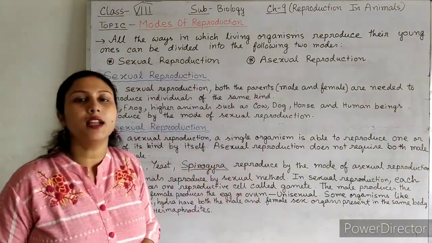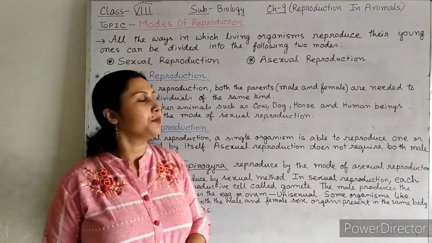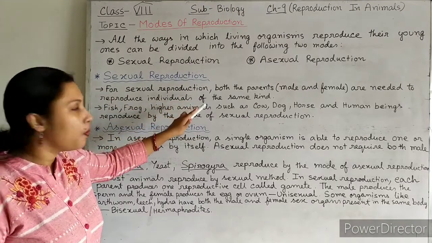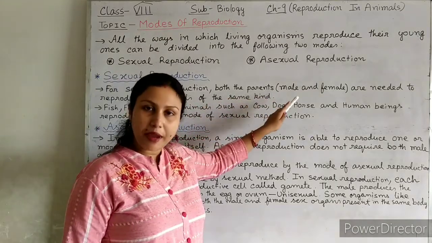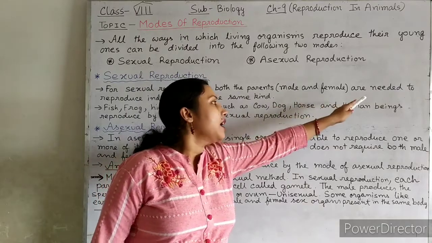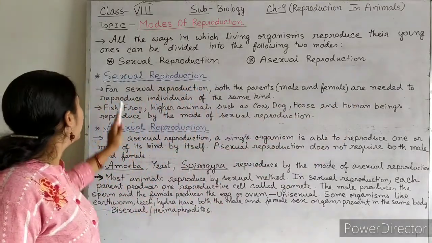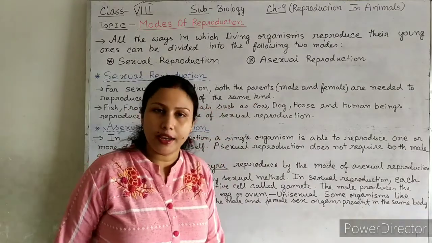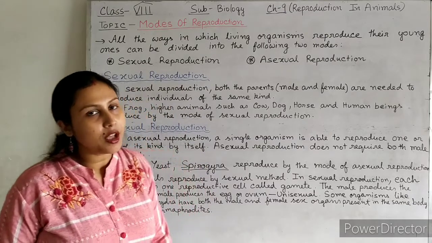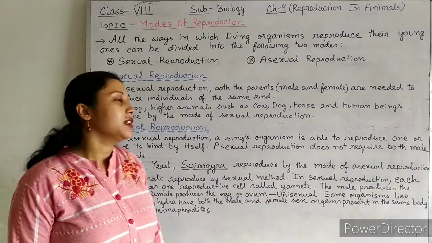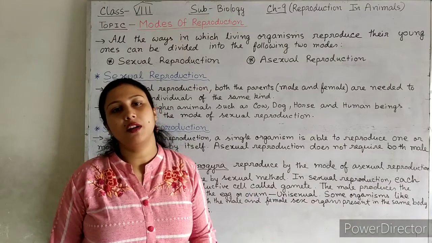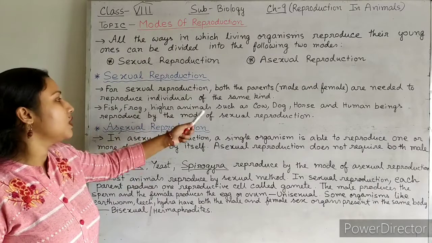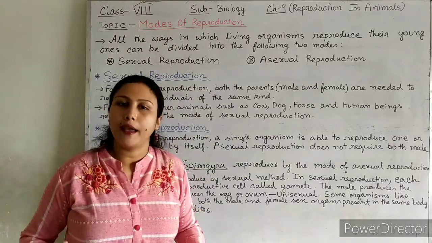First we will learn about sexual reproduction. For sexual reproduction, both the parents, that is the male and the female, are needed to reproduce individuals of the same kind.